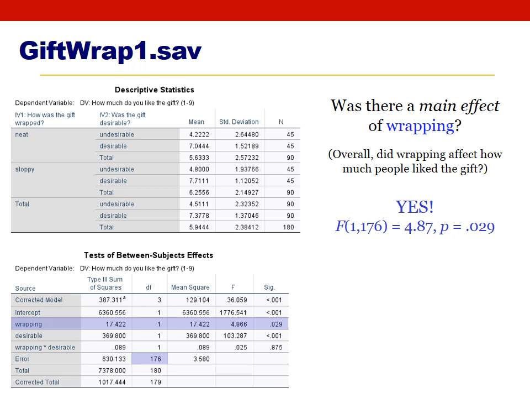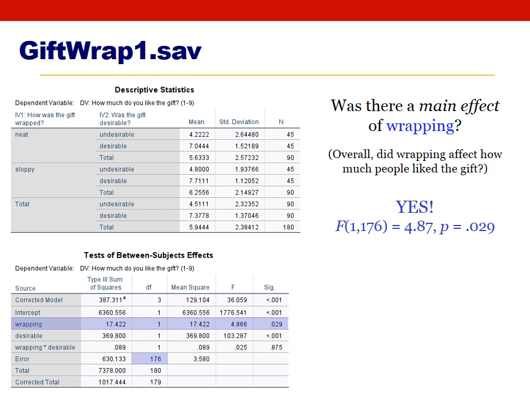So the first row, for example, tells us the mean for neatly wrapped gifts that were undesirable. The second row tells us the mean for neatly wrapped desirable gifts. What we want here is the third row, which is the total mean for the neatly wrapped gifts.